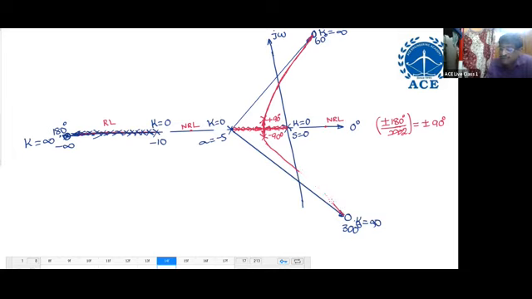So the pole moves like this: near, parallel, enter, occupies the zeros.